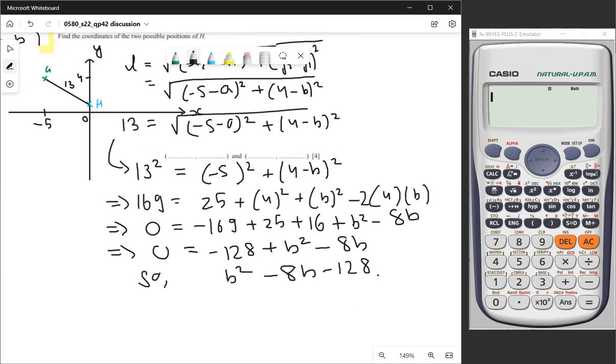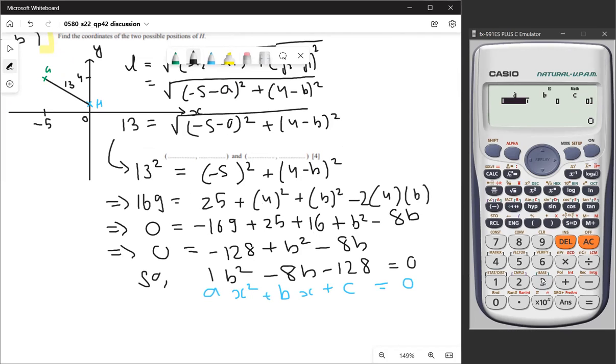This right here is my A, this is B, and this is C. Ax squared plus bx plus c is equal to 0. Now A over here is 1. Now go to your calculator, go to equation 3. A is 1, B is minus 8, and C is minus 128.